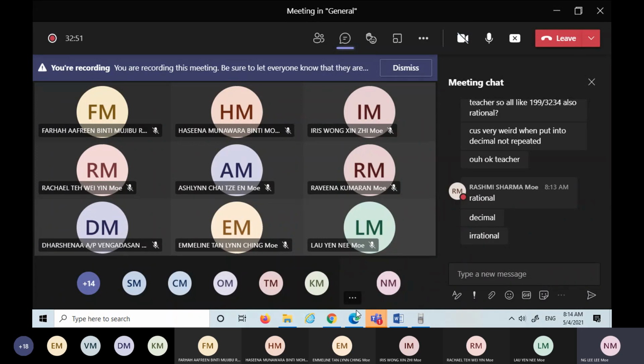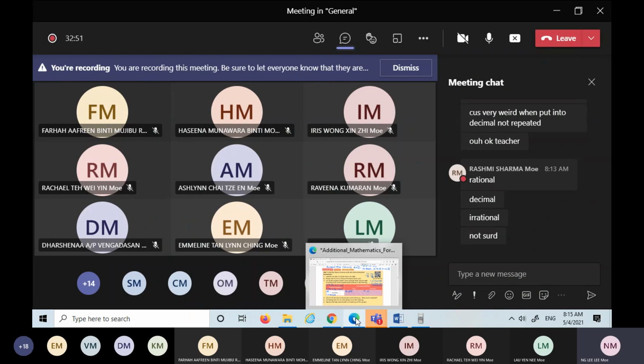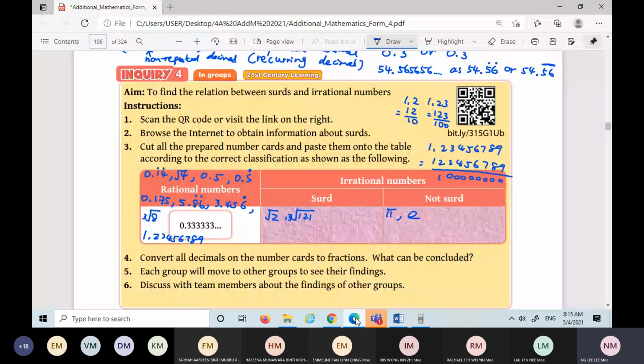Okay, under irrational, is surd or non-surd? Square root of 3/4 is an irrational number, is it surd or non-surd? Okay, non-surd.